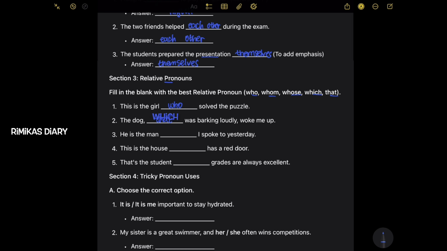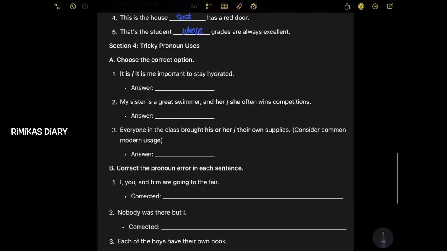He is the man whom I spoke to yesterday. This is the house that has a red door. That's the student whose grades are always excellent.